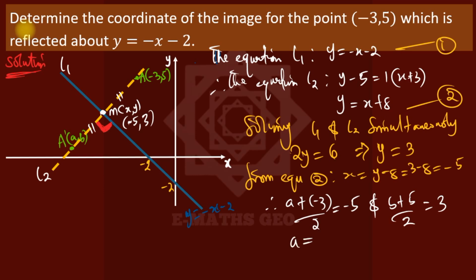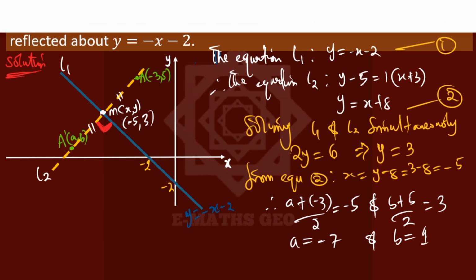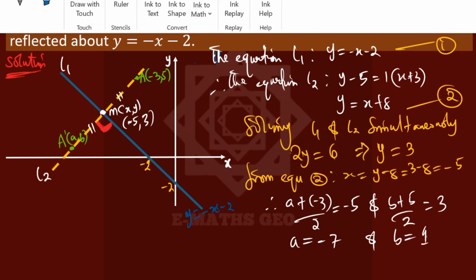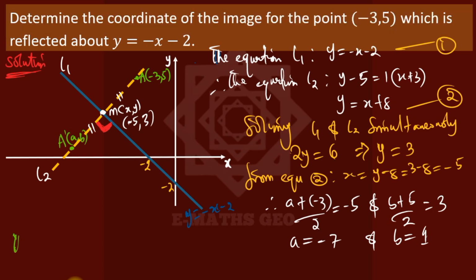So solving, a minus 3 equals minus 10, so a is minus 7, and b plus 5 equals 6, so b is 1. So we've gotten the image. Therefore, the coordinate of the image is A prime, that's (-7, 1).